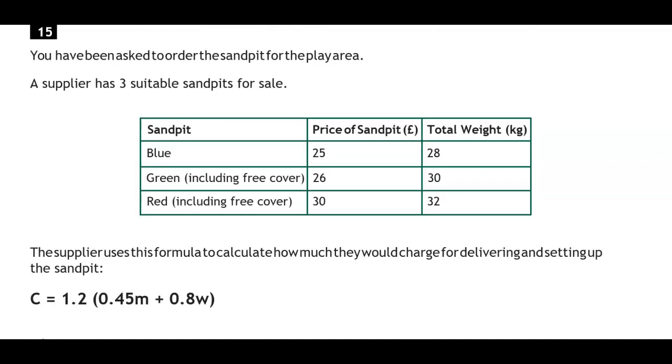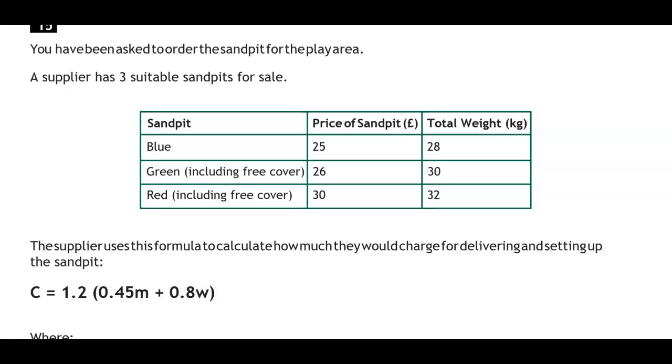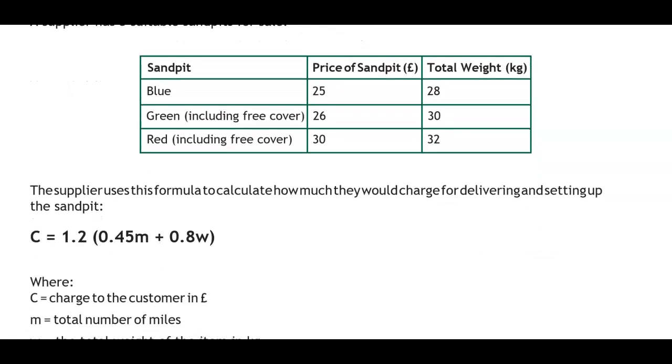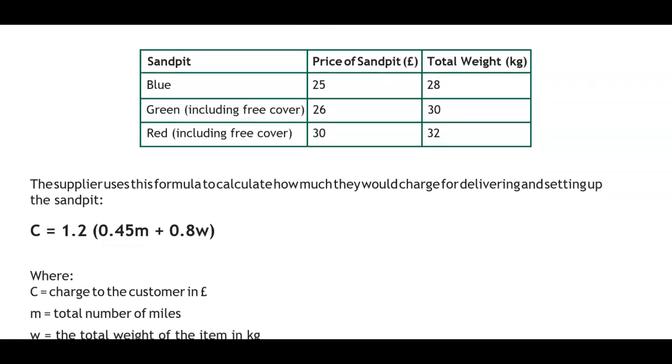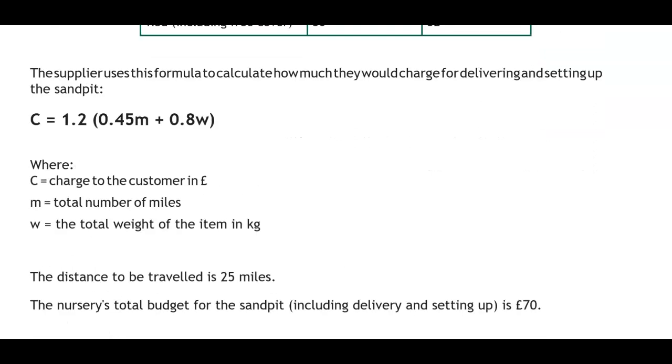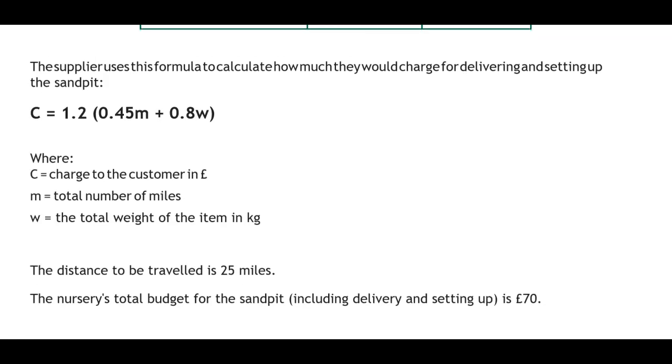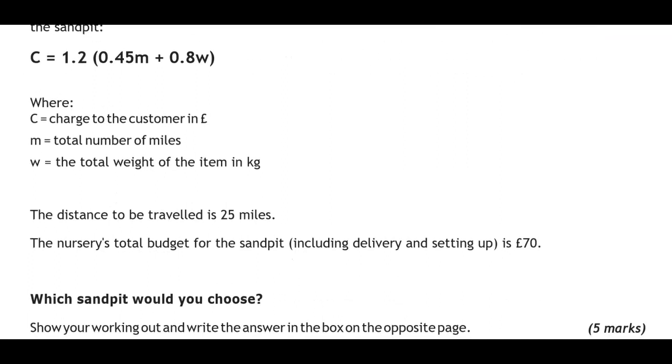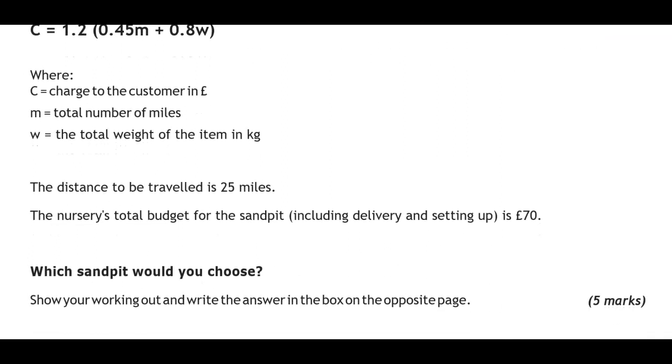So C is equal to 1.2 times, in brackets, 0.45 M plus 0.8 W. C stands for the charge to the customer in pounds, M, total number of miles, W, the total weight of the item in kilograms. The distance to be travelled is 25 miles. The nursery's total budget for the sandpit, including delivery and setting up, is £70. Which sandpit would you choose?